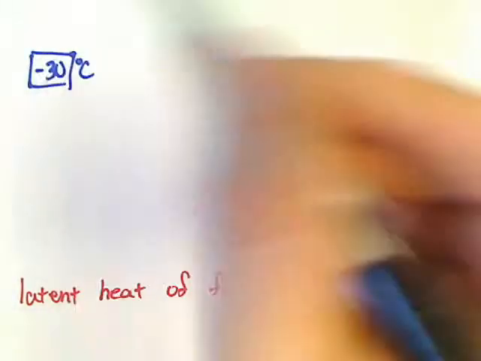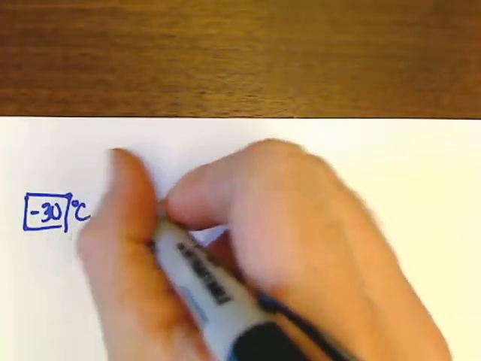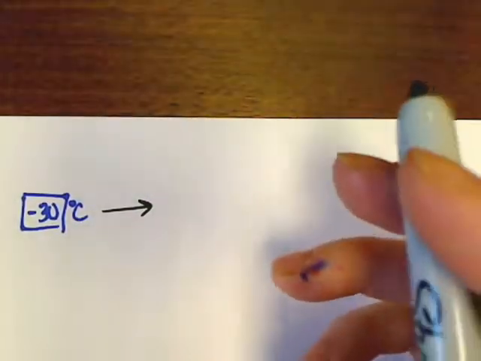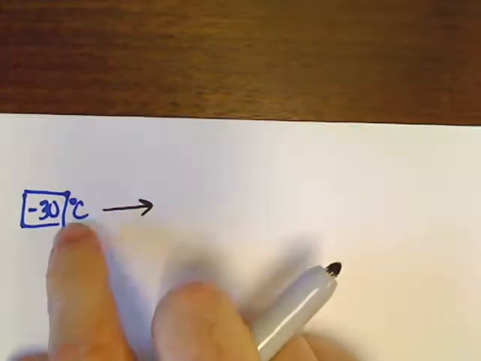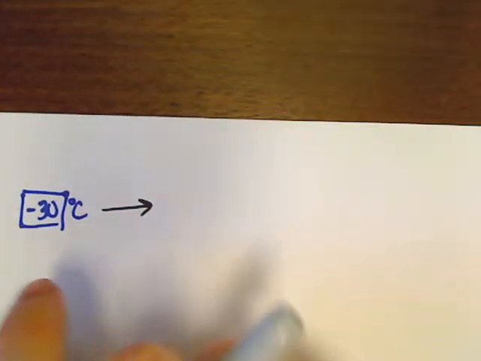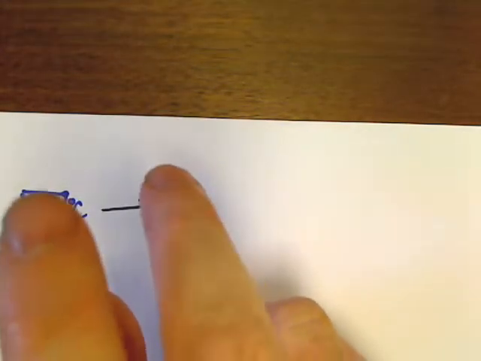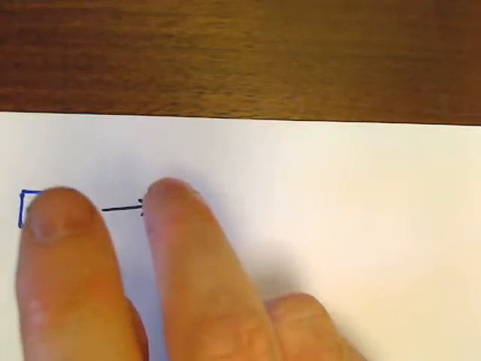Say I gave you an ice cube, and say the temperature of that cube of ice was negative 30 degrees Celsius. So you've got a cube of ice, and I said, okay, I need you to melt this piece of ice. Before this ice will melt, what's got to happen to the temperature of this piece of ice? Well, what's the melting point?